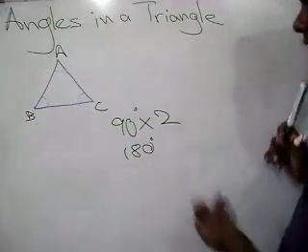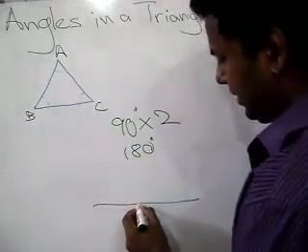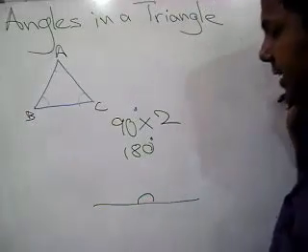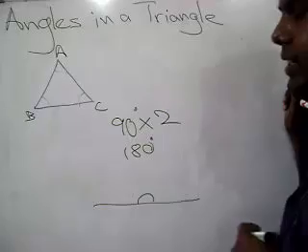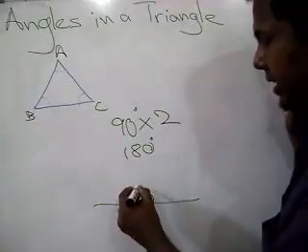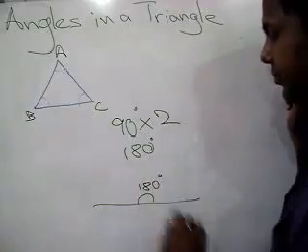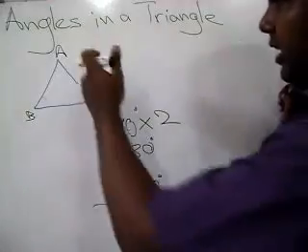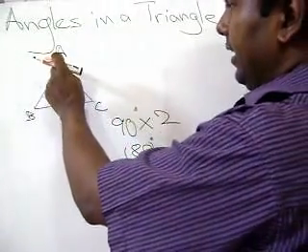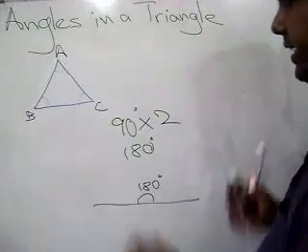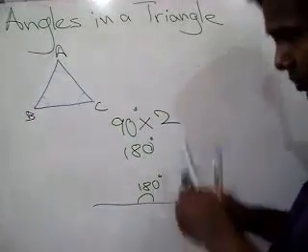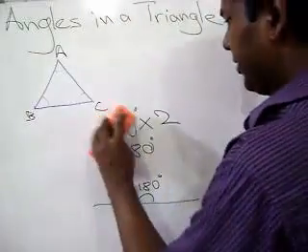So 180 degrees is an angle at a point in a straight line. So this is 180 degrees. So basically we have to prove that the total of three angles in a triangle is equal to 180 degrees or two right angles. So let's get straight to it.